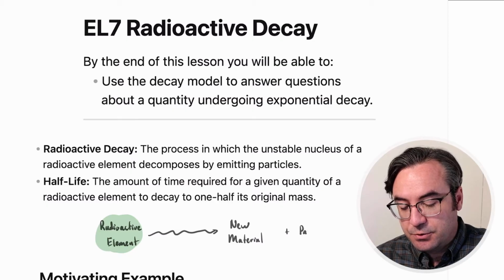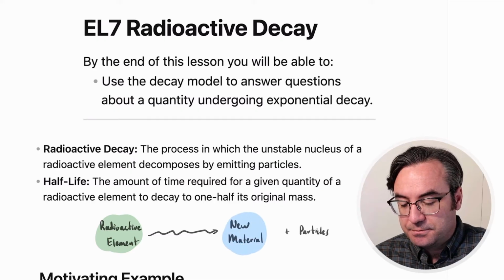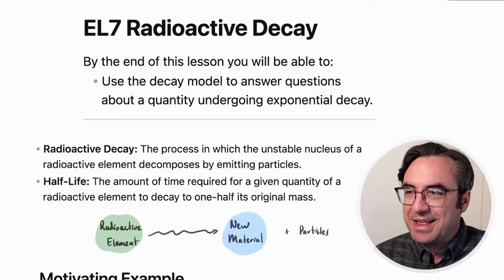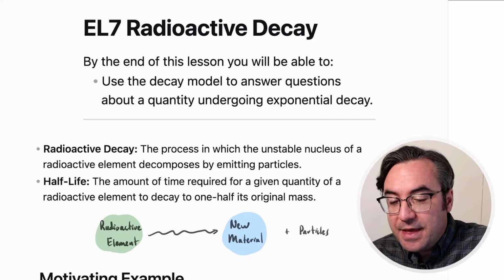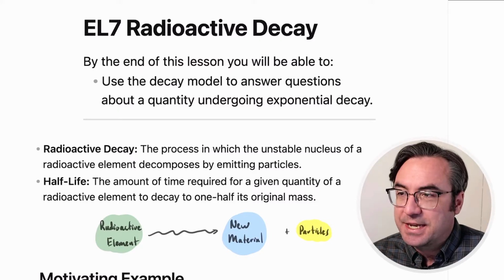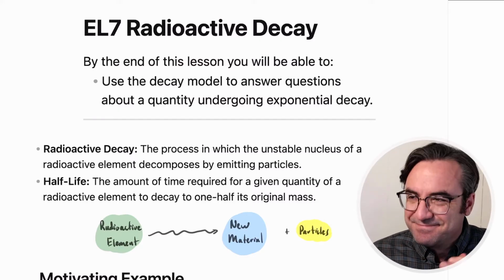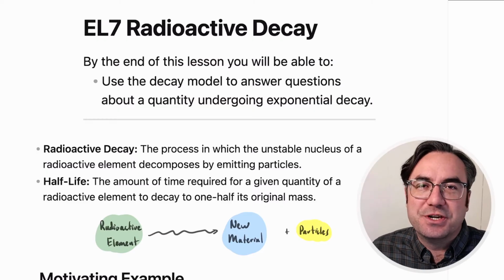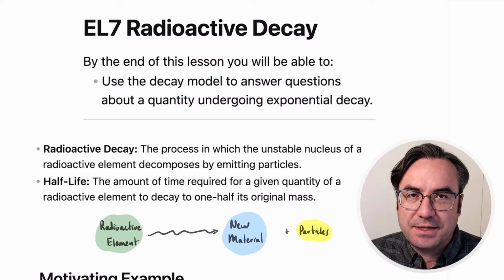Plus, it also emits some particles. So we're going to have some new element, and a lot of times this new element is also itself radioactive. And then there'll be some particles that get emitted as well. So this is a very abridged version of what happens.